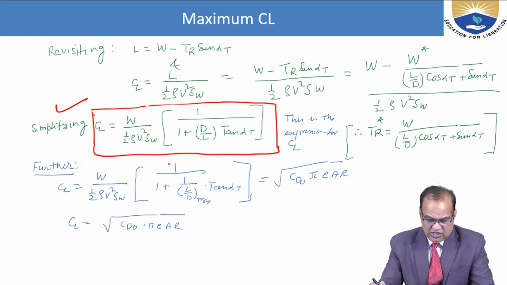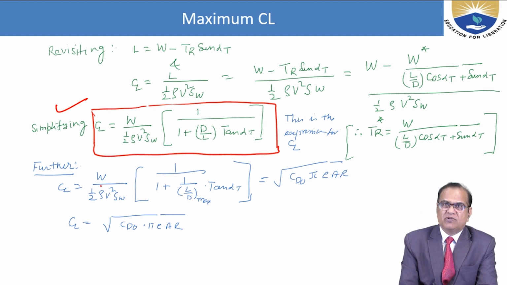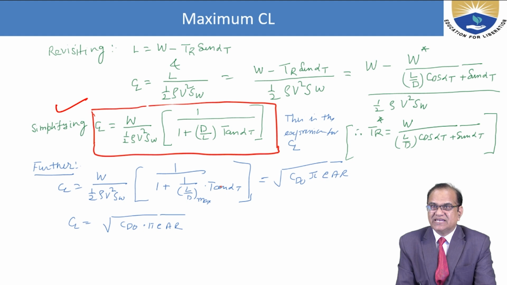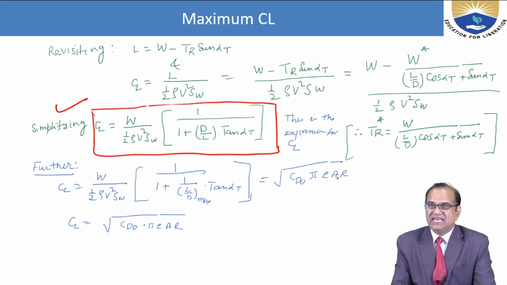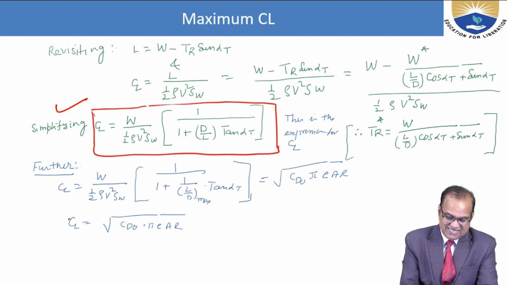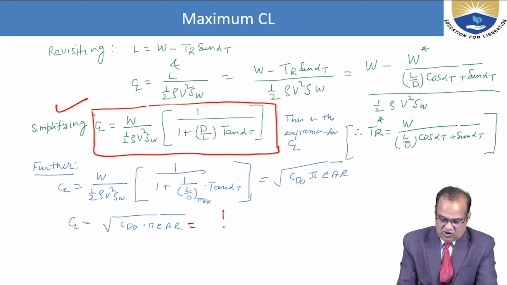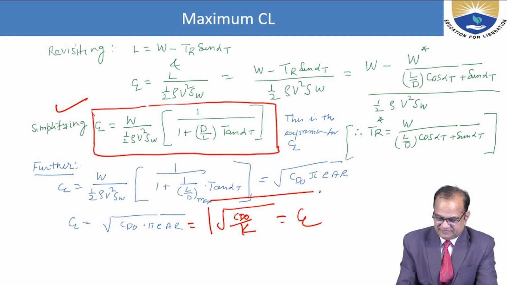Further we will go for CL is equal to W by half rho V square S_W, 1 upon 1 plus 1 by L by D maximum tan alpha T, where CD is as we have seen, pi E aspect ratio. So we can find out that CL is equal to under root CD naught times pi E aspect ratio, or under root CD naught by K. This is the CL.